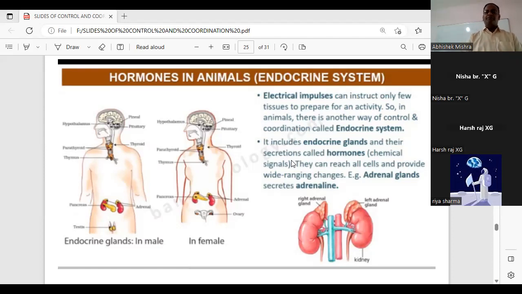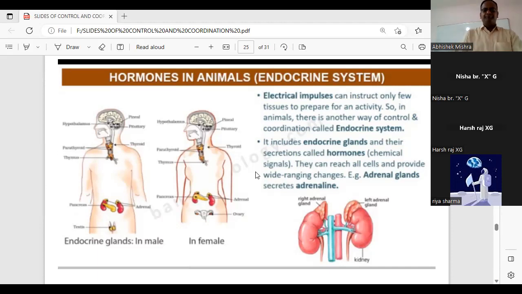And what is produced from the endocrine glands? Hormones. Different hormones have different roles. In this section we will study what the different endocrine glands of the body are, which hormones are secreted from them, and what their role is.